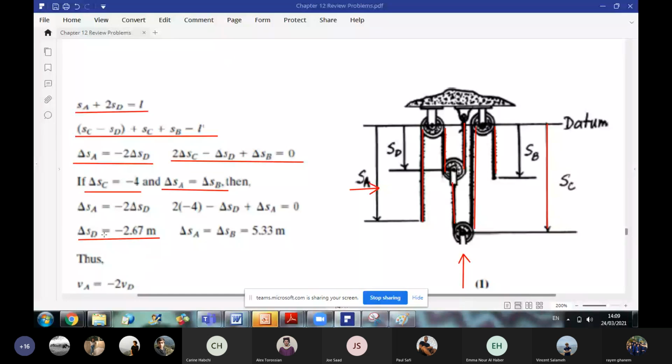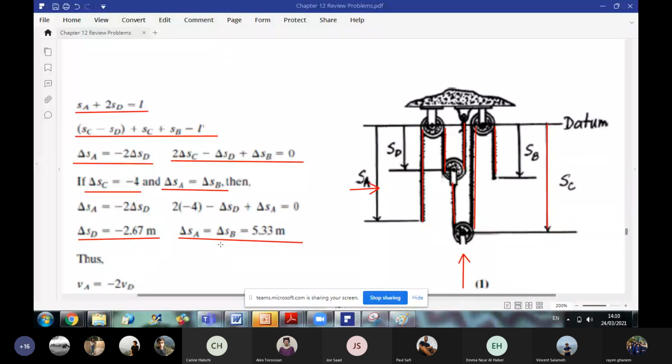So you can calculate delta SD and the values of delta SA and delta SB from the system of two equations with two unknowns.